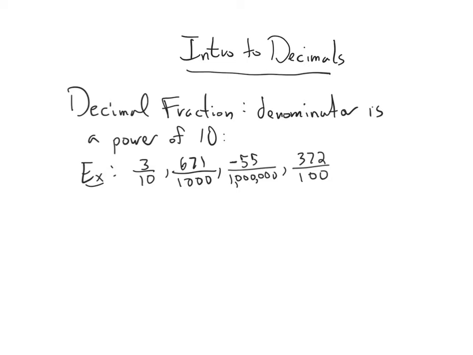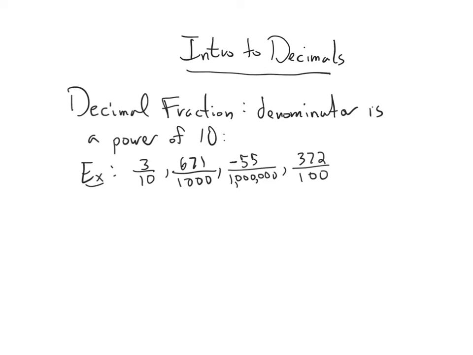And they're nice because the denominators are all powers of 10, and that means that they'll behave a lot like the way that our place values to the left of the decimal, whole numbers, operate, which is very excellent.